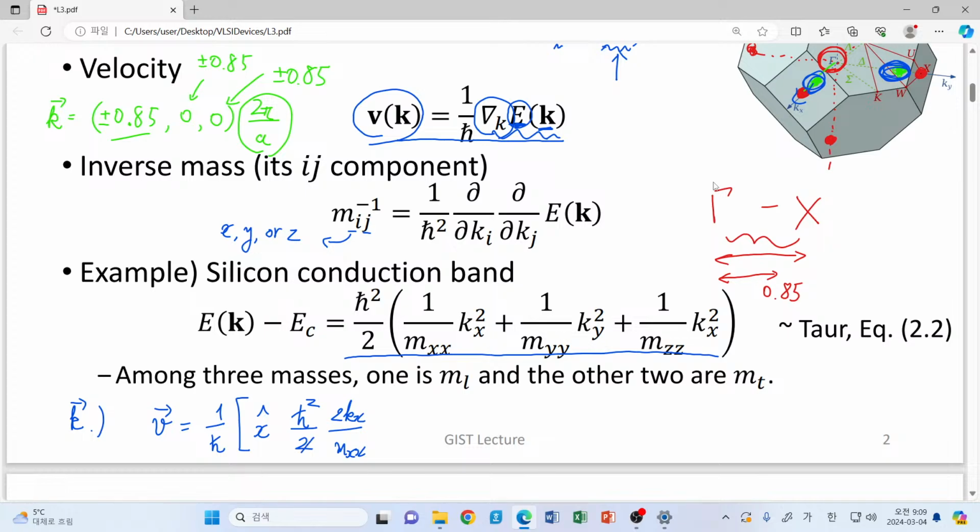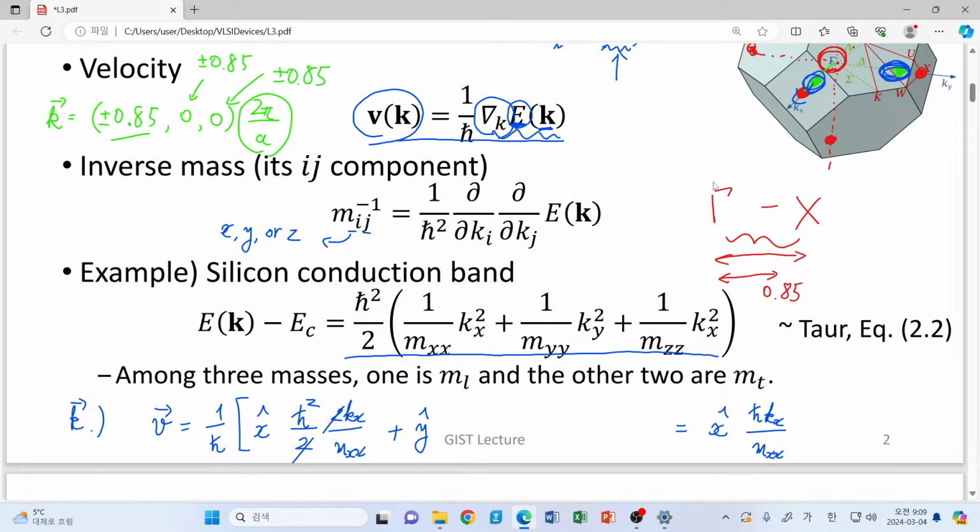Then of course these 2 numbers are gone, and eventually we will have the x directional velocity, which is given by ħkx over m_xx. That will be the x directional velocity. And of course we can calculate the y directional component.